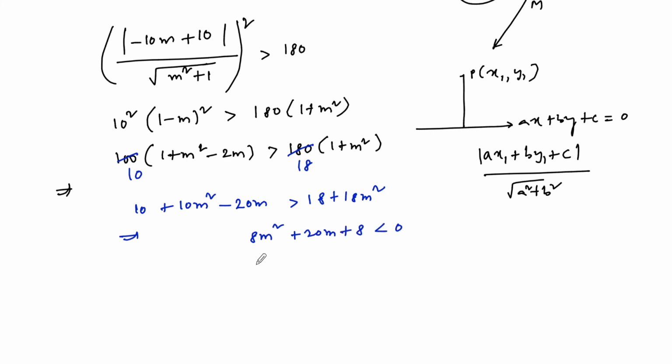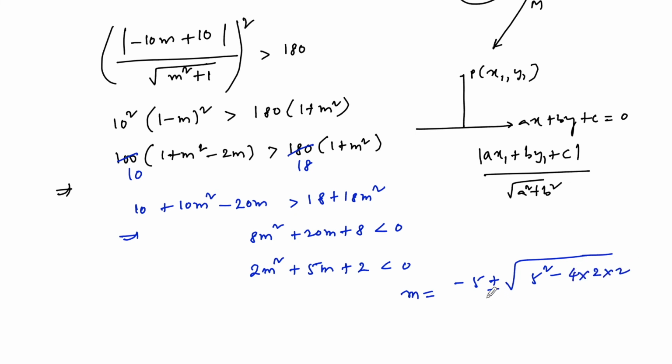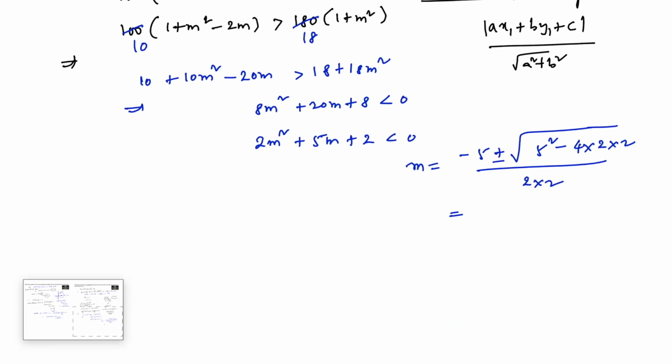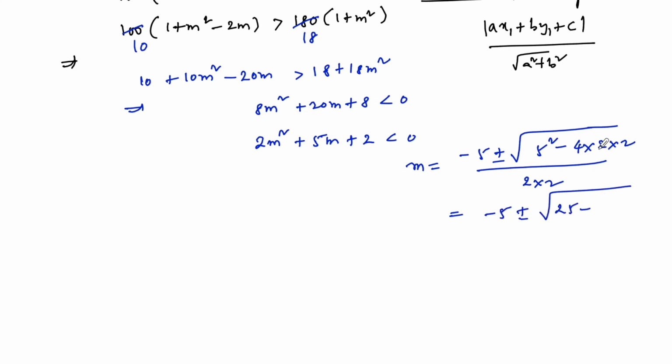can take common 4, 2m square minus 5m plus 2 is less than 0. Or on factorization we can get the value of m: m is equal to minus b plus or minus under root of b square minus 4 into a into c, upon 2 into 2, which is equal to minus 5 plus or minus under root of 25 minus 4, 2s are 8, 8 2s are 16, divided by 4.